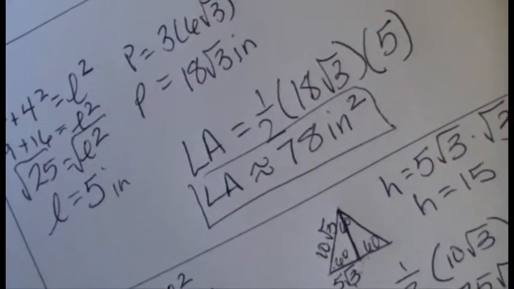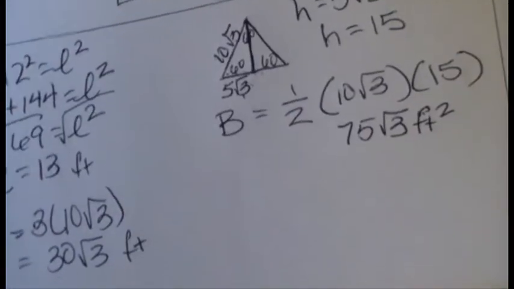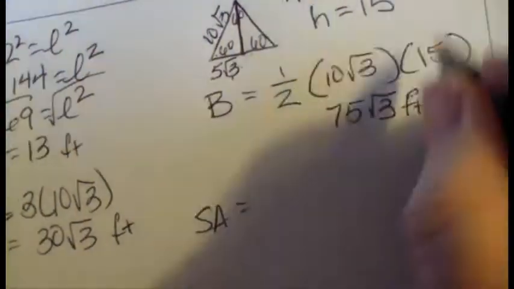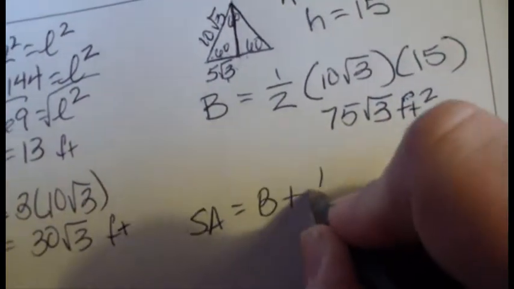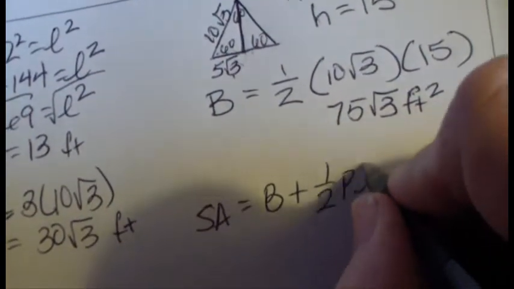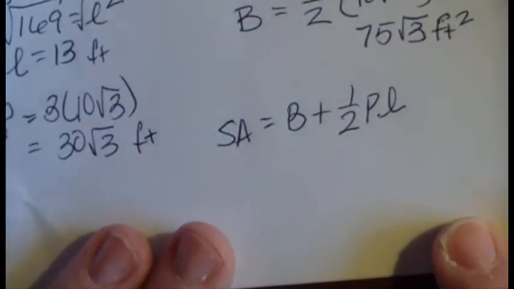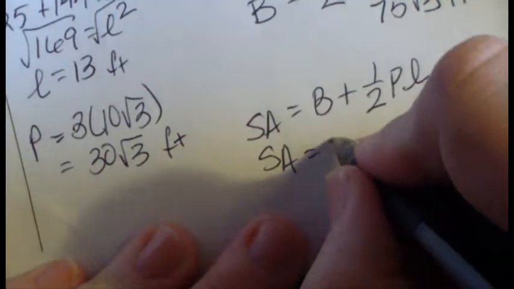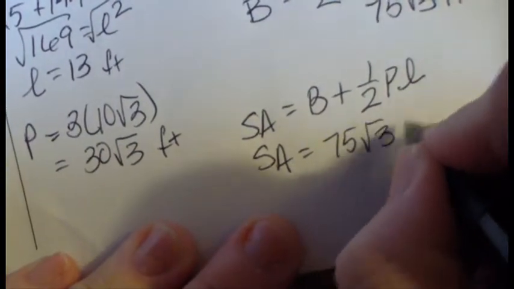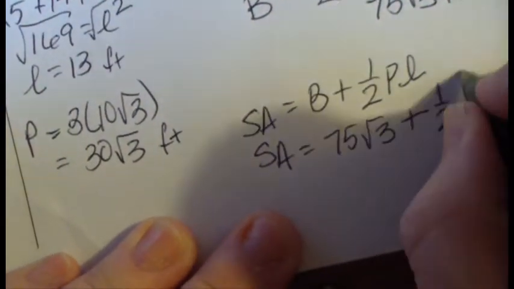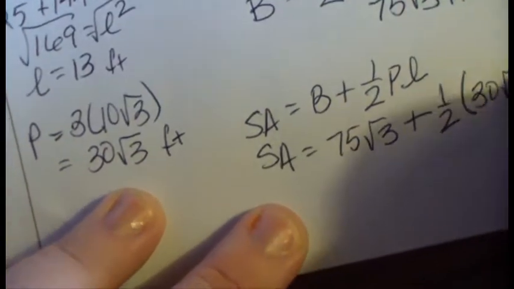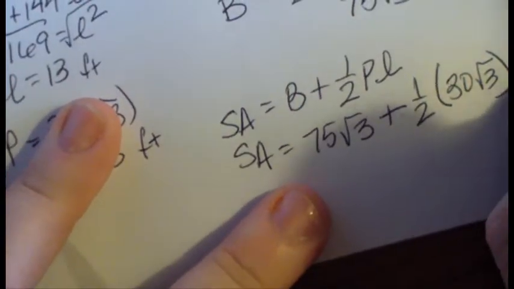Alright, so now we have everything we need to calculate our surface area. Remember, surface area is base area plus 1/2 perimeter times slant height. So we've got 75 square root of 3 plus 1/2 perimeter, which was 30 square root of 3, times the slant height, which was 13.